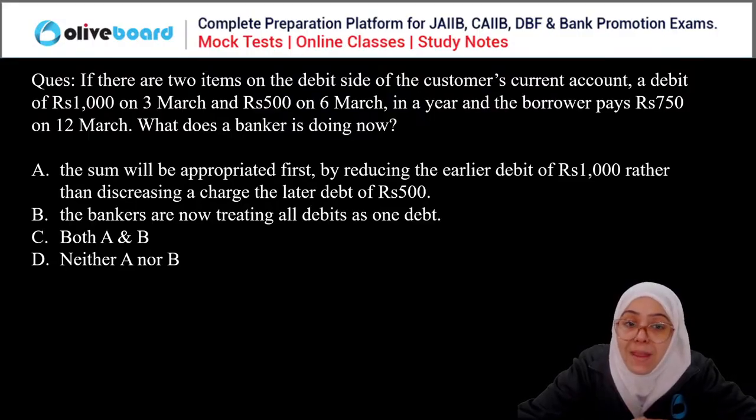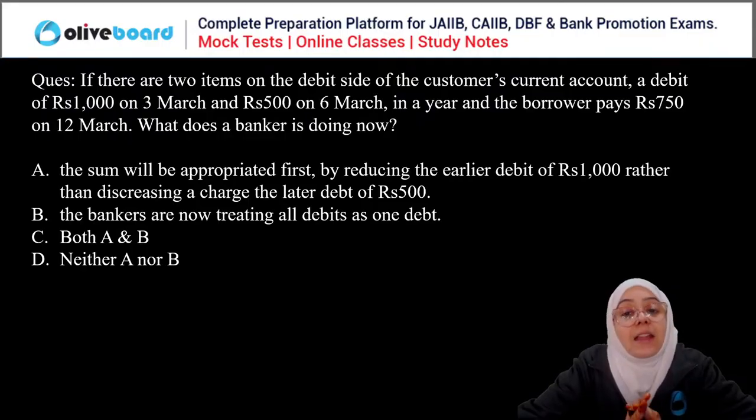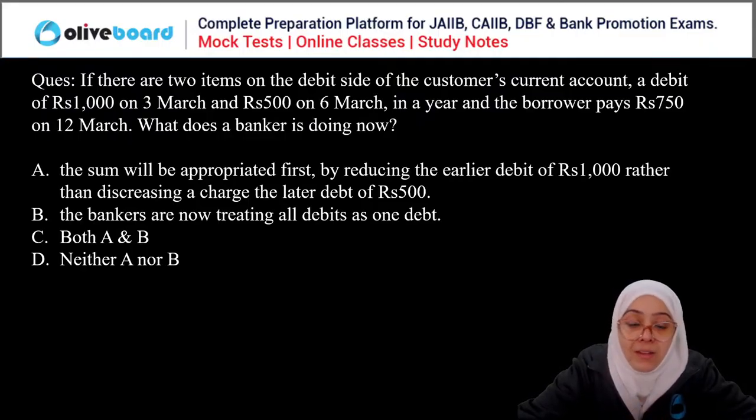A: The sum will be appropriated first by reducing the earlier debit of 1000 rather than the later debit of 500. B: The bankers are now treating all the debits as one debit. C: Both A and B. D: Neither A nor B.